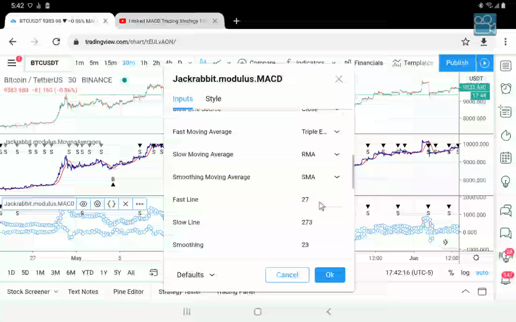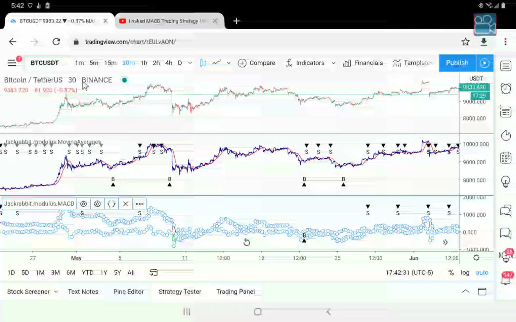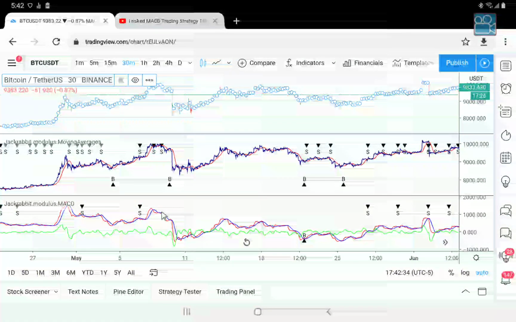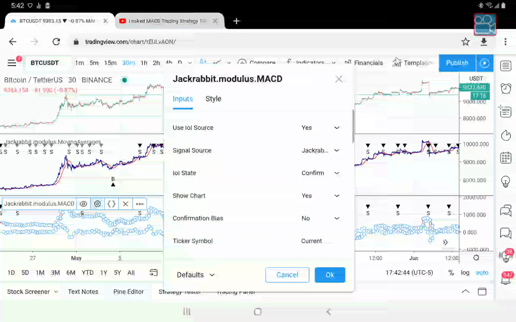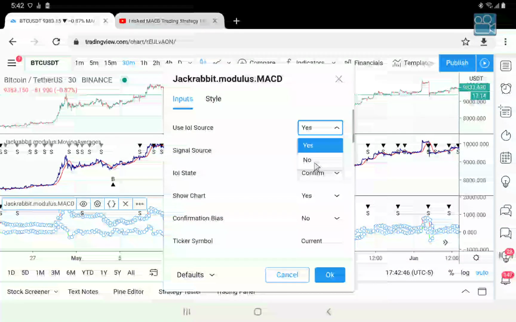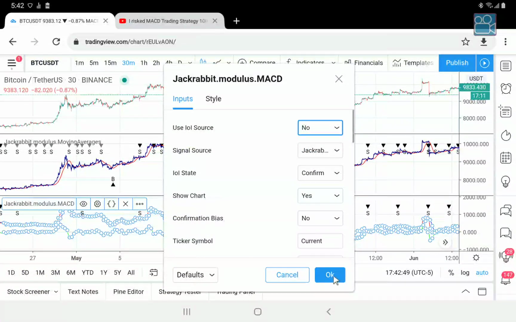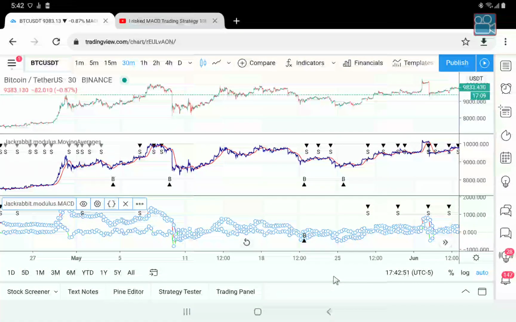Your fast moving average of 27. Your slow line or slow moving average of 273. Your smoothing factor 23. That produces these results that you see here. Now, as far as the candlestick bars, I'm going to turn this off so you can see the impact and effect of holding that signal.